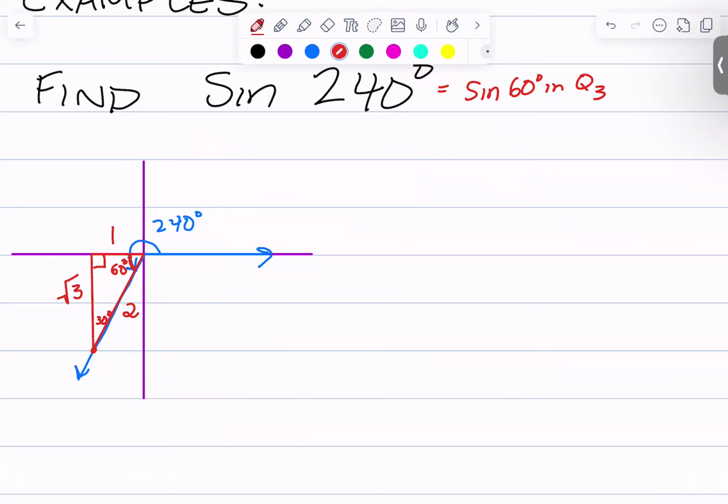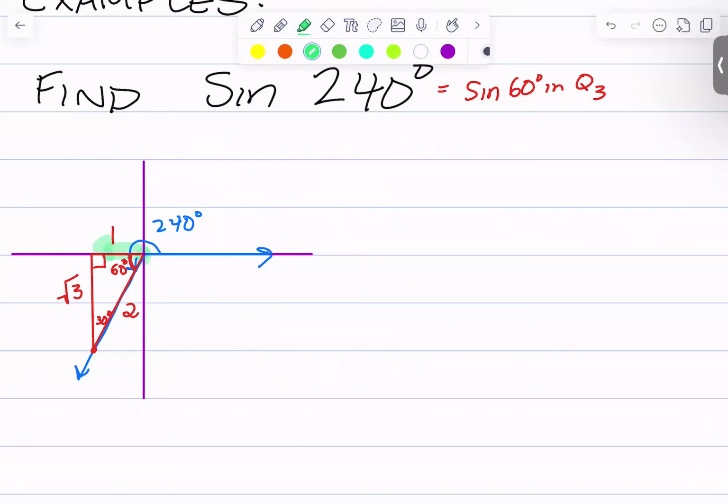Oh, wait. Before we get to sine, the reason why quadrant 3 is so important is because from the origin, I went to the left, correct?